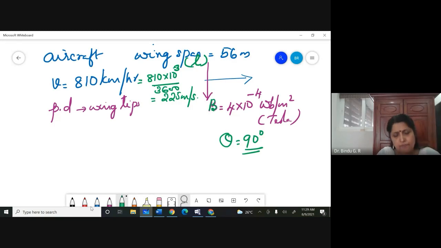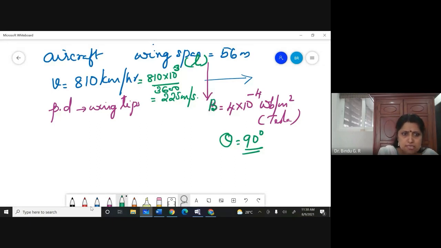This actually happens in aircraft: when the aircraft is moving in Earth's magnetic field, a potential difference comes in between the wing tips, and induced current can also flow. So certain safety precautions have been taken in the aircraft by the designers themselves. Though this equation seems very trivial, it has been useful in every aspect of human life, even in aircraft.